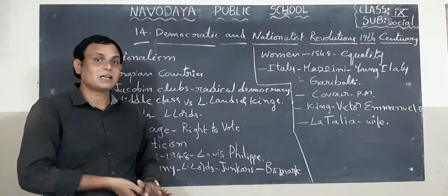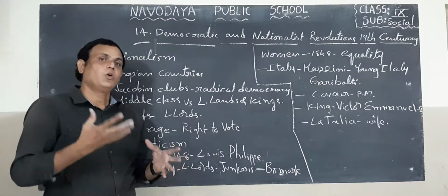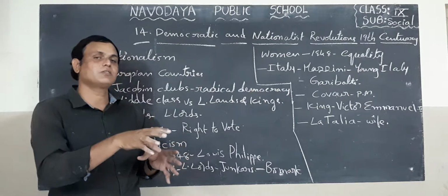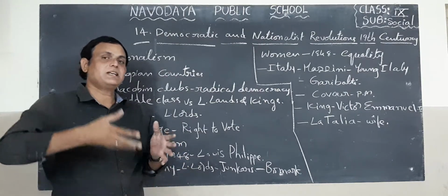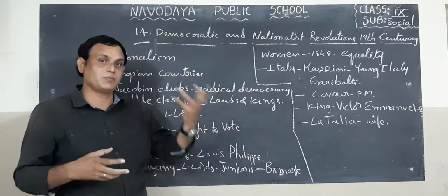That is called nationalism. So who are the outsiders? That means who are the foreigners? When the foreigners influence the local people, they develop these feelings and announce that the country is themselves.